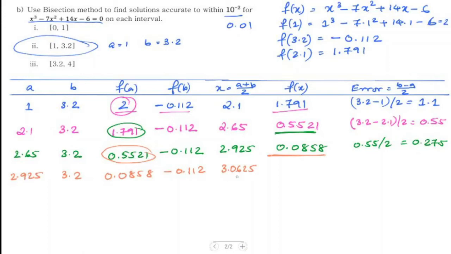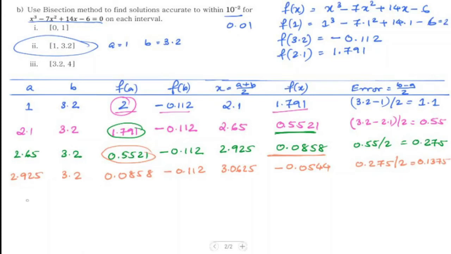Now if you put this value into the function, what you get is minus 0.0544, and the error will be the previous error divided by 2, which is equal to 0.1375.